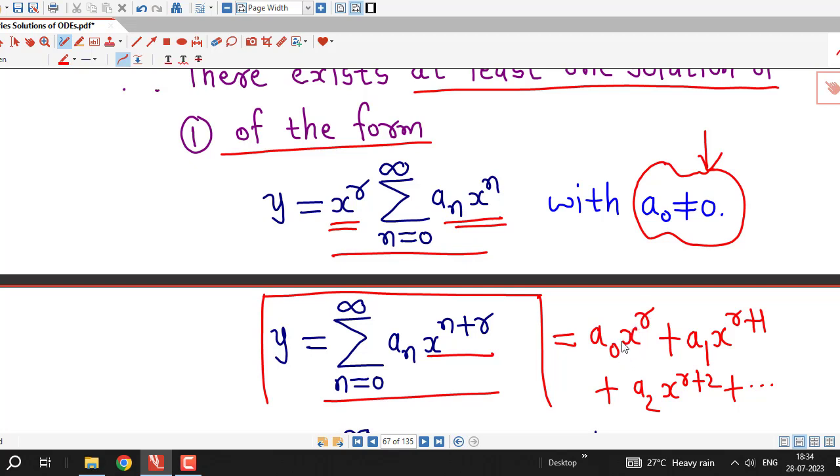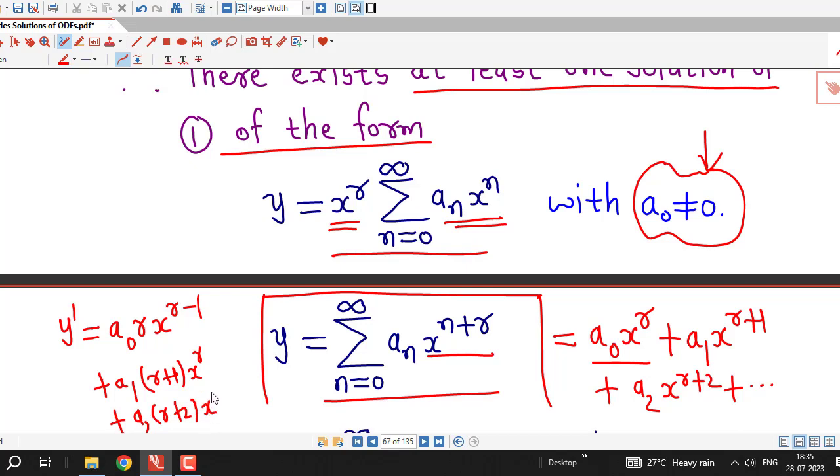Now if I take the derivative with respect to x, then I will have y' equal to a₀ times the derivative of x^r, which is r x^(r−1), plus a₁ times the derivative of x^(r+1), which is (r+1) x^(r+1−1), that is x^r. Similarly, a₂ (r+2) x^(r+2−1), that is x^(r+1), and so on.